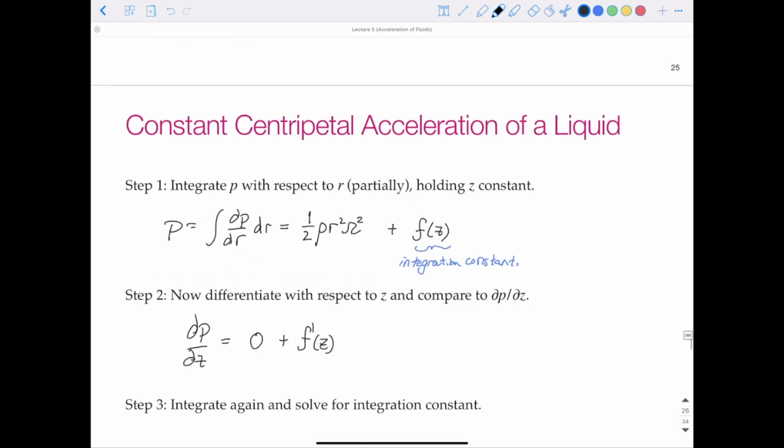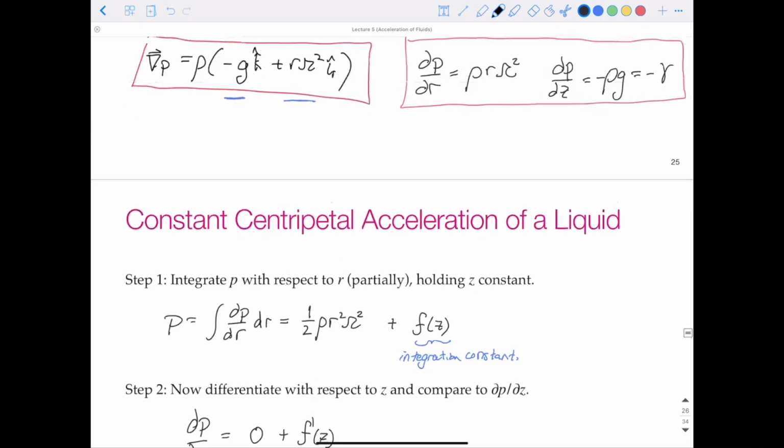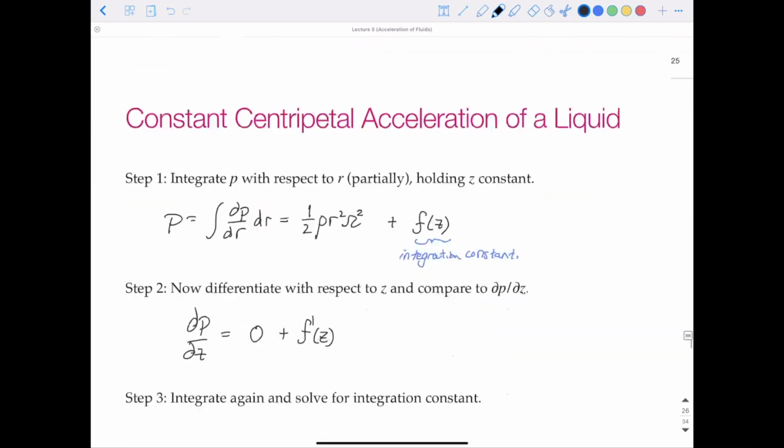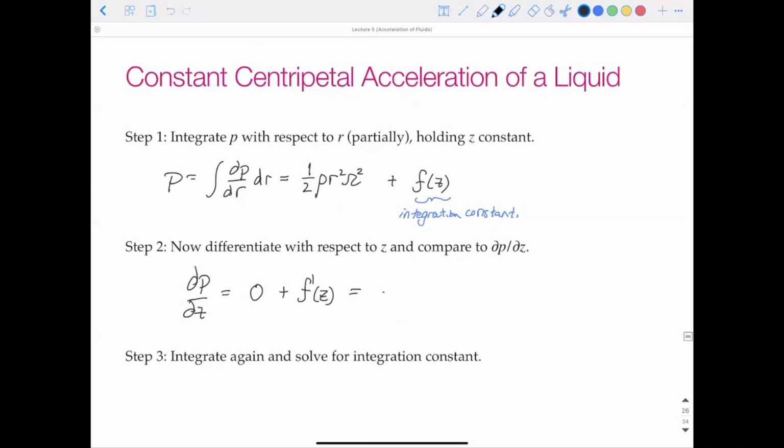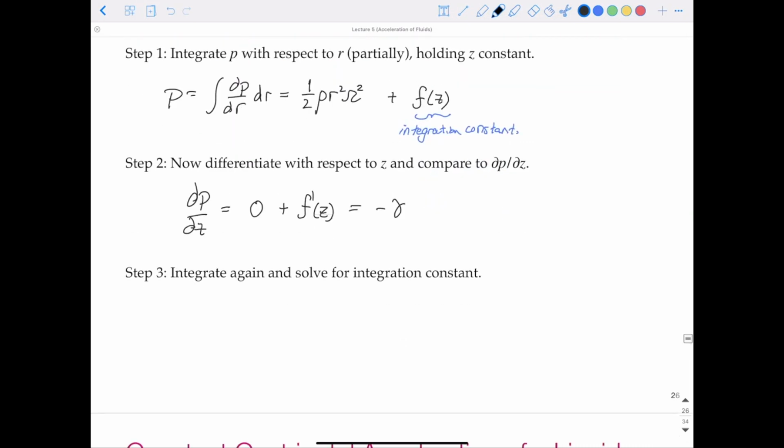And then we also know from before, we have an equation dP dz is equal to negative gamma. So this must also be equal to negative gamma. Now let's integrate that again with respect to z, and then we'll compare our two integrated equations, and we'll try to solve for our integration constant, that unknown function.